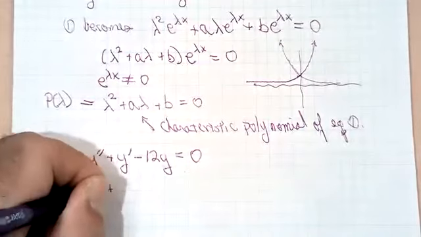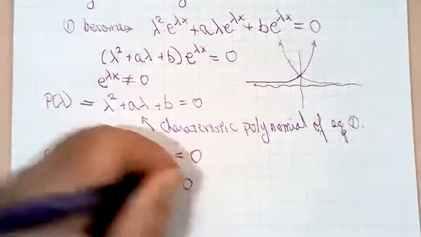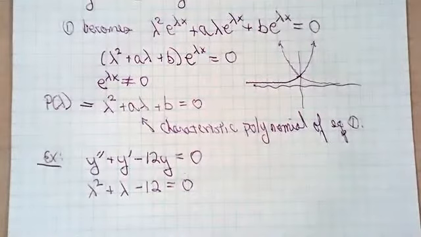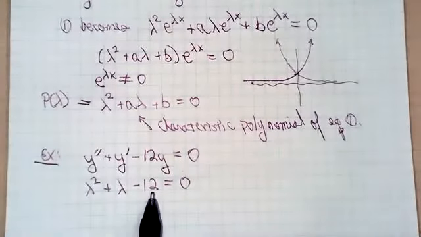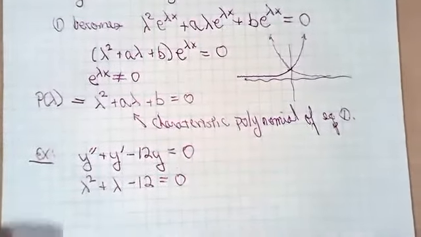Lambda squared plus lambda minus 12, and then I set it equal to 0. And I ask myself the question, can I solve that? Yes, that one looks actually pretty tame. Let's see, 3 and 4 are factors of 12, right? So it's pretty easy to get a difference of 1 that way.